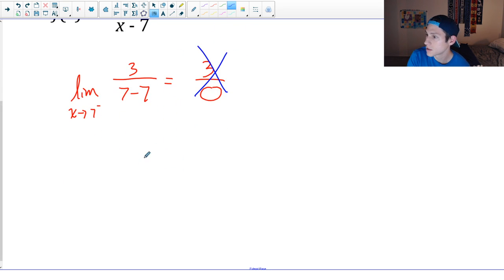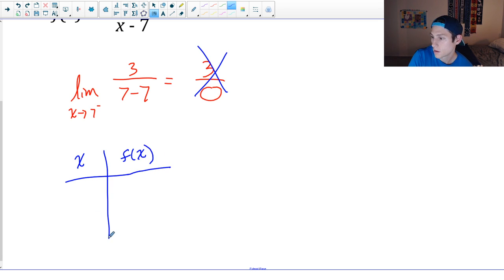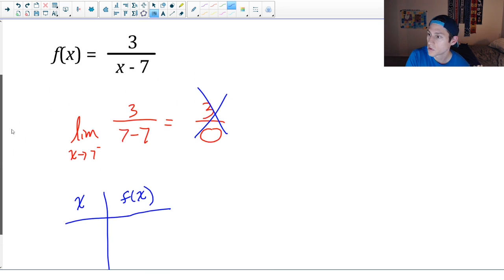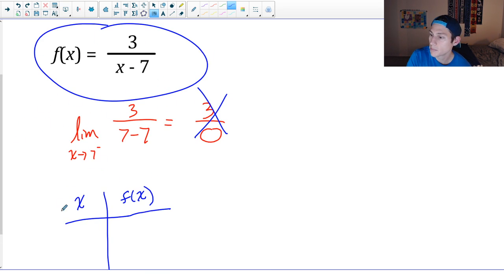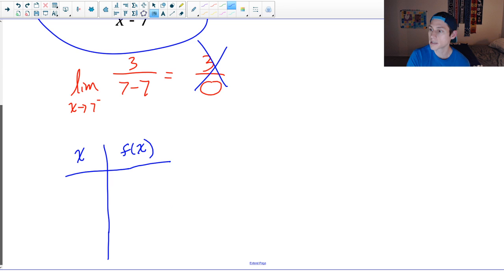So I'm going to make a small table here. Let me think about what happens to this function as I plug in numbers that are closer to 7, because this is saying as x approaches 7, so as x gets closer to 7 from the left.